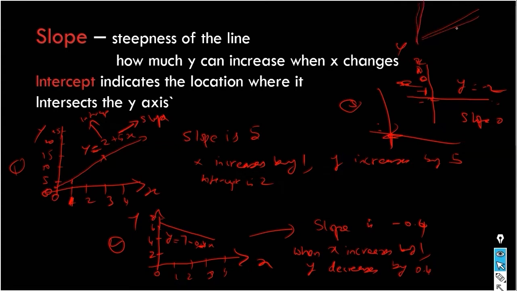But if something is a straight line, there is no slope here. Okay, 0. So in this case, when x increases by 1, the y neither increases nor decreases, because you don't have slope here. Got it? So this is how you need to understand the difference between slope and intercept.